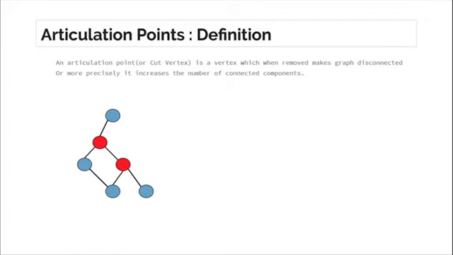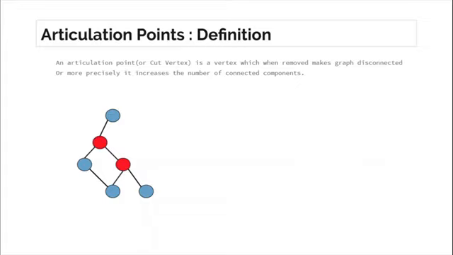When you remove a vertex from a graph, you also remove all of the edges that are incident on that node. So when you remove a vertex, and if the graph gets disconnected or the number of connected components increases, then the vertex is known as a cut vertex or articulation point.